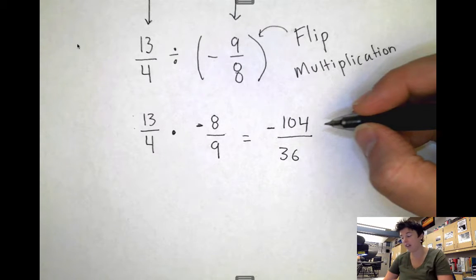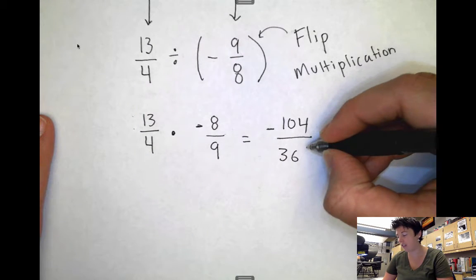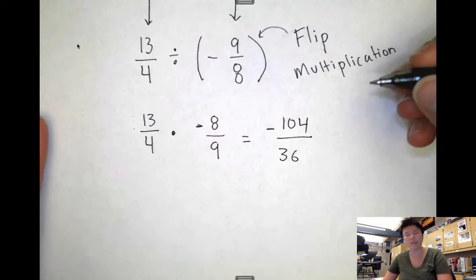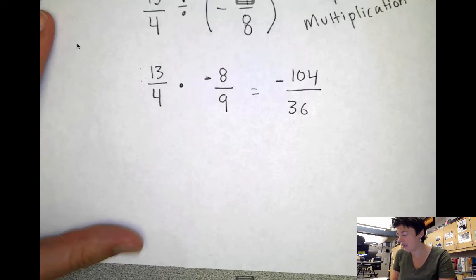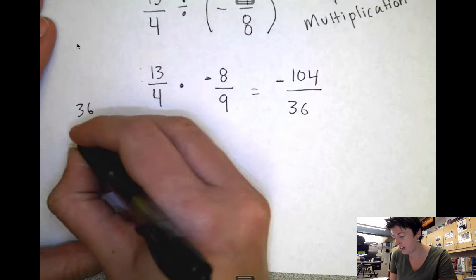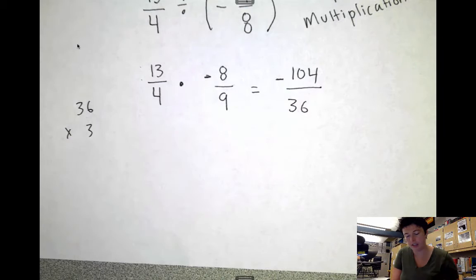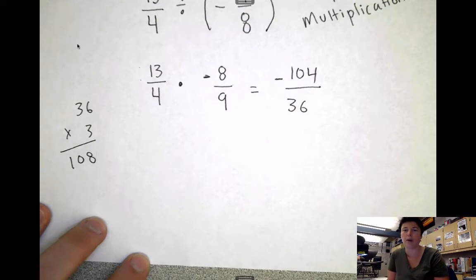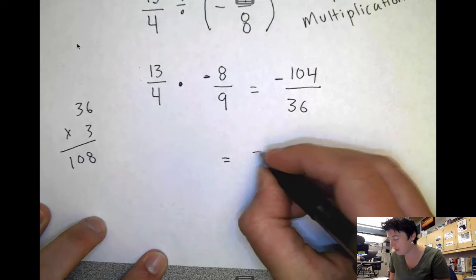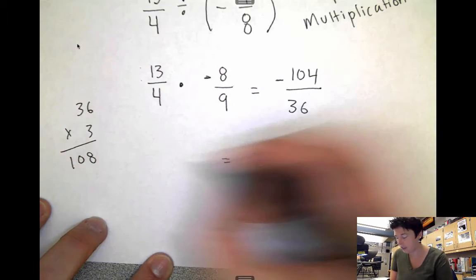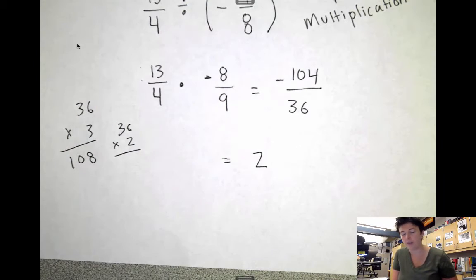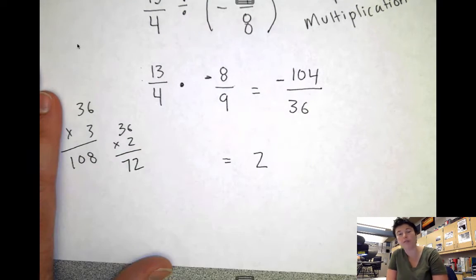Then I'm going to figure out how many 36s fit into 104. If I did 36 times 3, that is 108. It's too big. I can only fit 2 into there. So I'm going to have two 36s that fit into 104. 36 times 2 is 72.